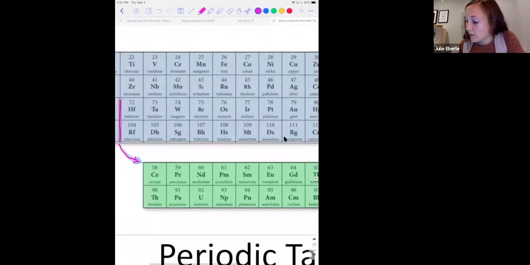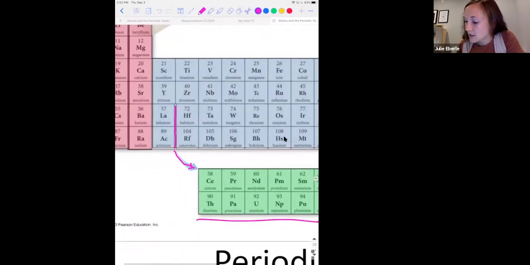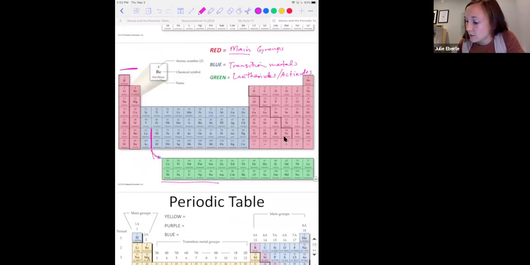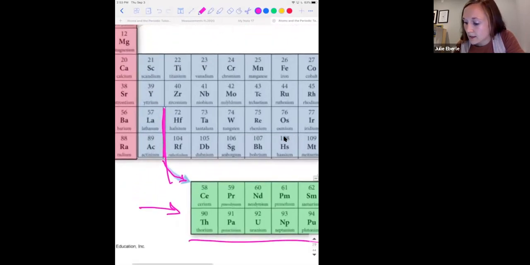So all of these green elements actually are wedged up in between these 4 elements, I should say. These bottom 2 rows of the periodic table are actually a lot longer, but for space sake, to keep things more concise, they pulled them down beneath. So this green portion is not its own separate thing. It's part of the periodic table, but they fit right here.